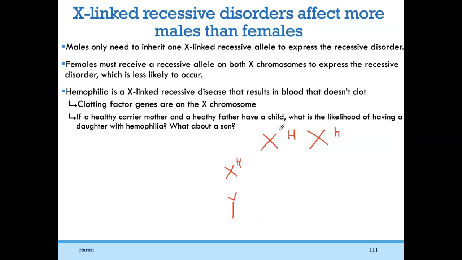So this is our Punnett square now. What you'd have to figure out is the chance of getting a daughter with hemophilia, and the chance of getting a son with hemophilia. You should be doing this in your notes. What is this genotype and phenotype? This would be a healthy female. What about this genotype and phenotype?